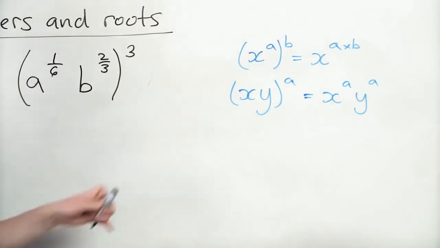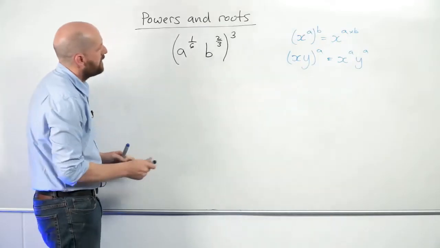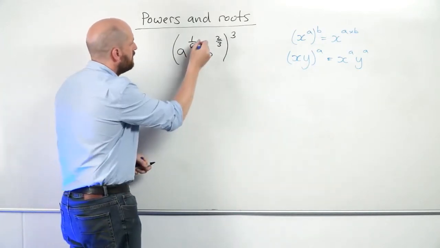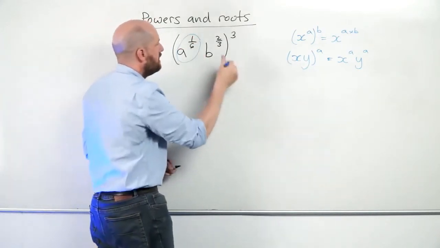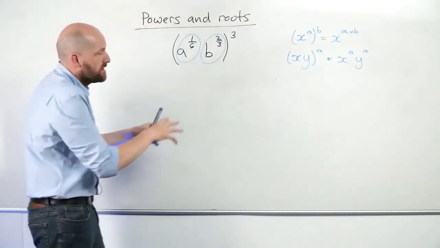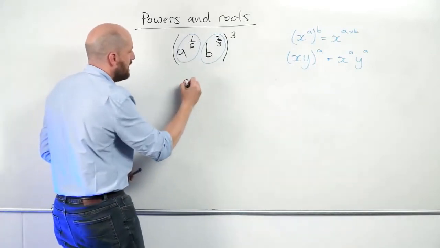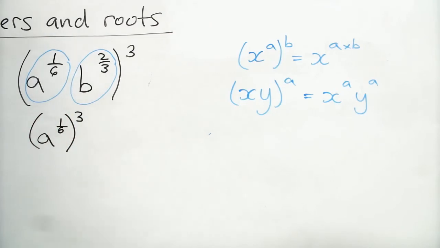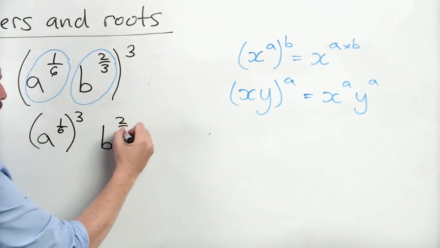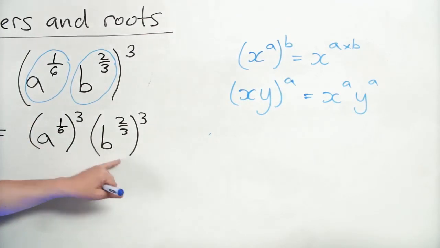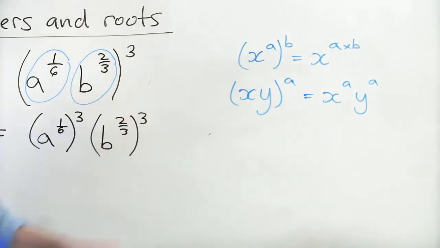Okay, well, let's use that second rule first, because I've got a quantity here, which I'm going to think of as one quantity, let's call it x, and another quantity here, which is the y. So I can expand out that bracket, and I get a to the power 1 over 6 to the power 3, b to the power 2 over 3 to the power 3. And now each of these individual parts here, I'm going to use that first property.